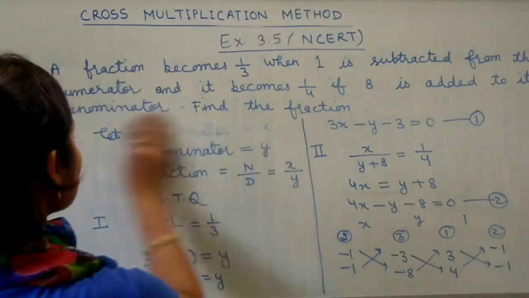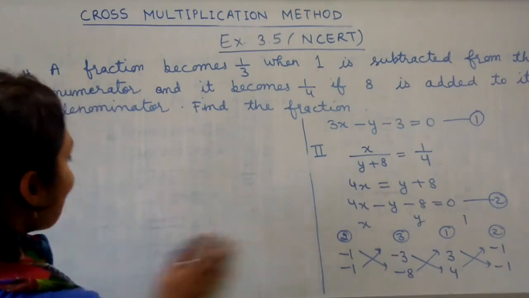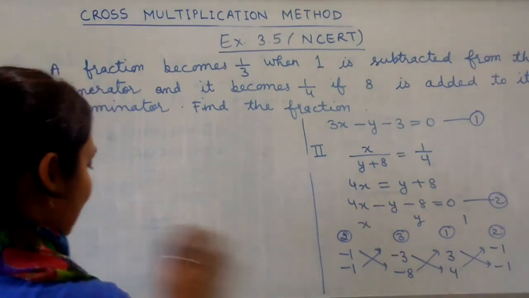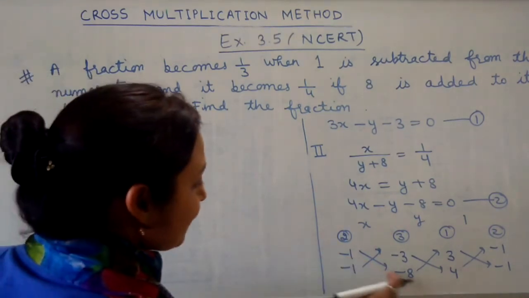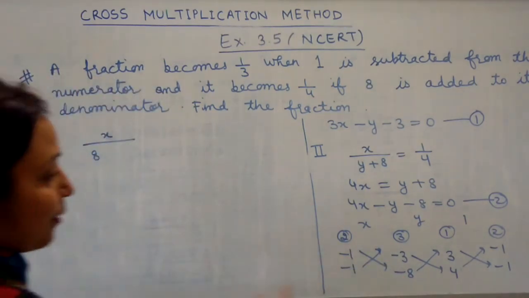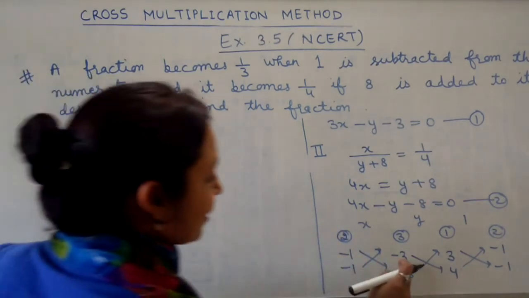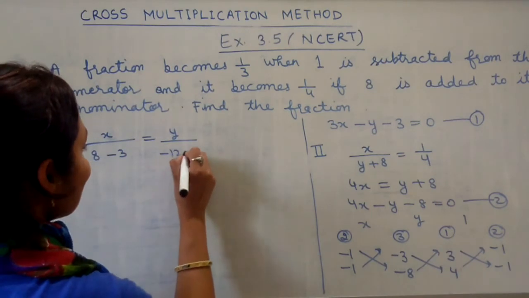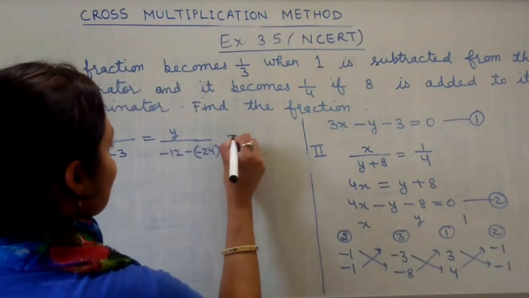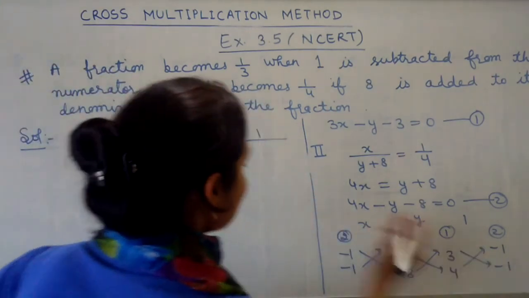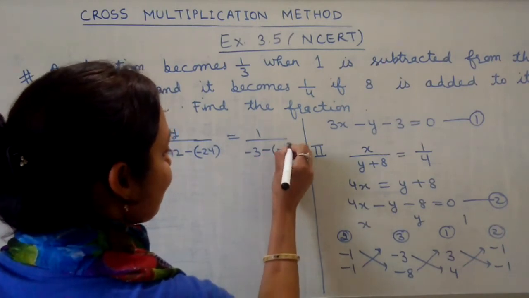Okay, now I will rub from this side so that I can write the whole solution here. Okay, x upon minus 1 times minus 8, that is 8, minus 3 is equal to y upon minus 12 minus 24, is equal to 1 upon negative 3 and minus 4.